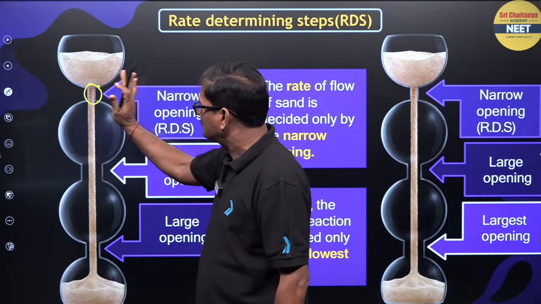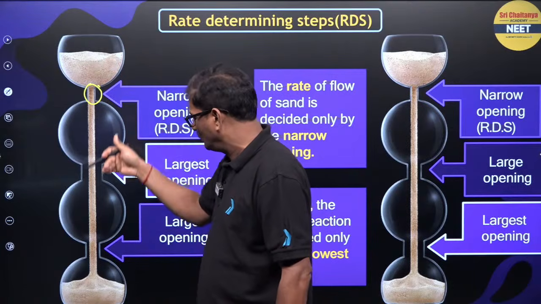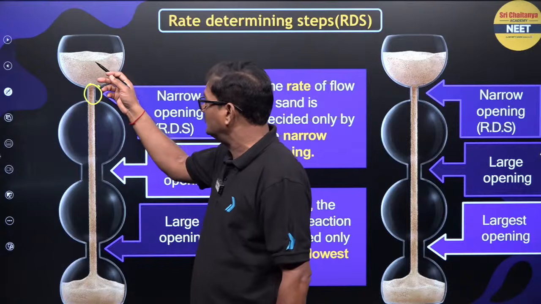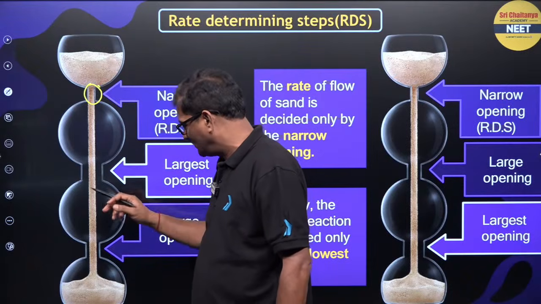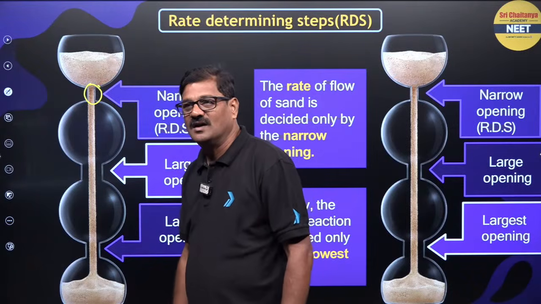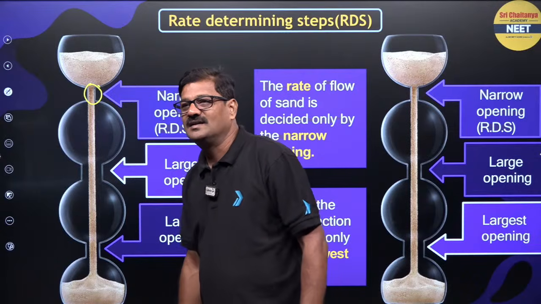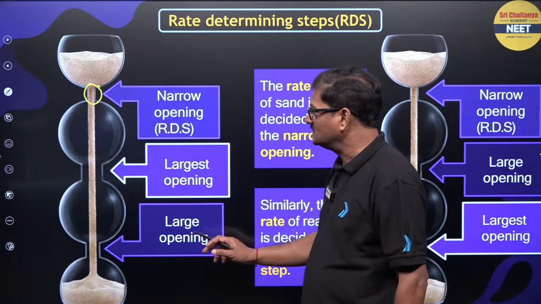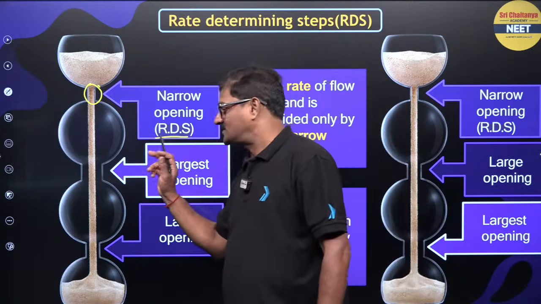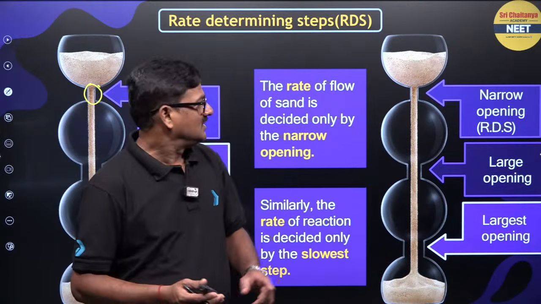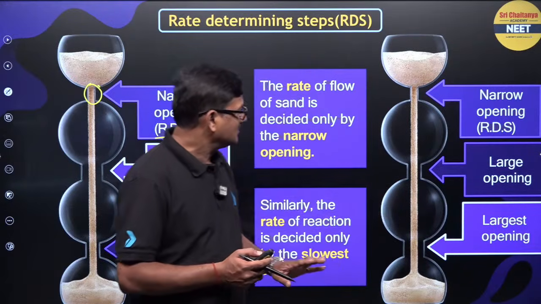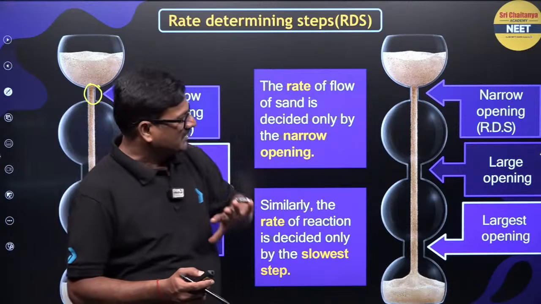It can stop the reaction and regulate the flow. This is not the flow, this is step 1, step 2, step 3 and final step. Okay, and large opening and narrow opening decides it, isn't it? You see different levels of openings are there.